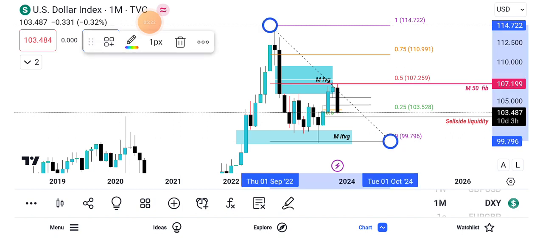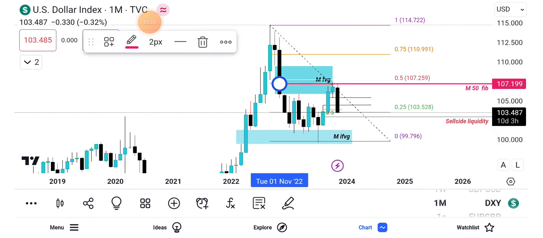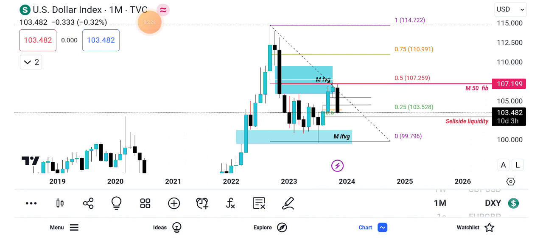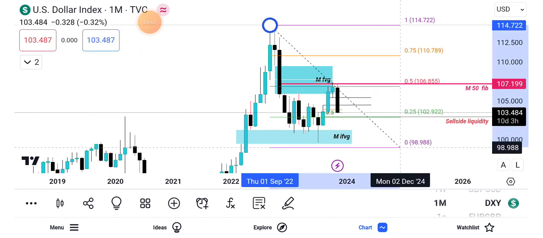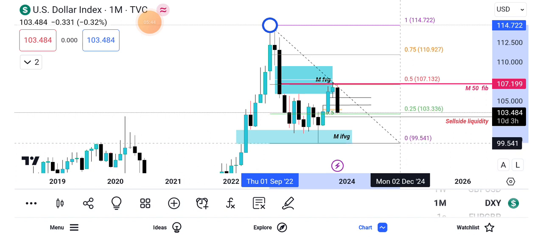You can see this red line of mine here, which represents the 50 percent equilibrium point, whereby prices are not that expensive and not that cheap. At balance, there is neither expensive nor cheap price.